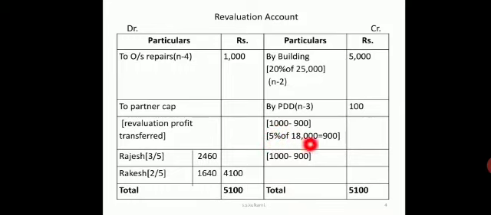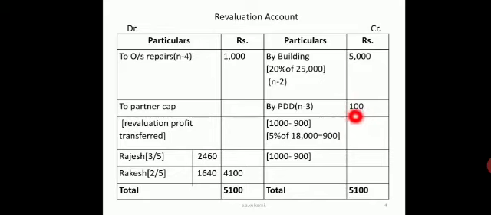So 5% of 18,000, always your percentage has to be calculated on book value, the opening balance, that is 18,000. 5% of 18,000 is 900. So there is a reduction in the loss by rupees 100. So 1000 minus 900 is 100, which is the reduction in the loss.